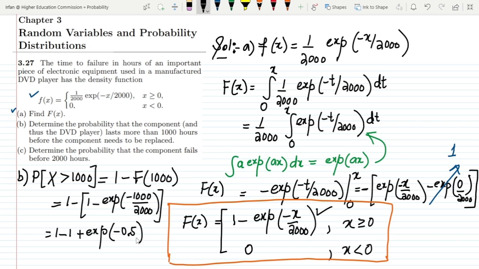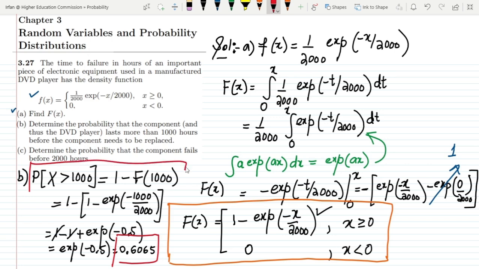These two will cancel out, and ultimately we will have exponential of minus 0.5, and the answer of it would be 0.6065. That is the answer of part B, and for it I have used the formula which is given here, and I have also explained it on the basis of the graphical illustration.